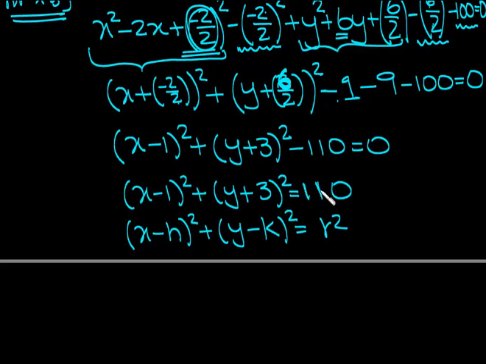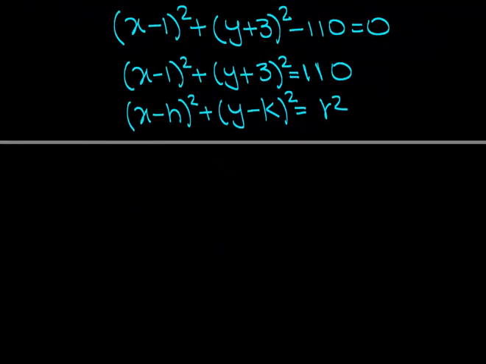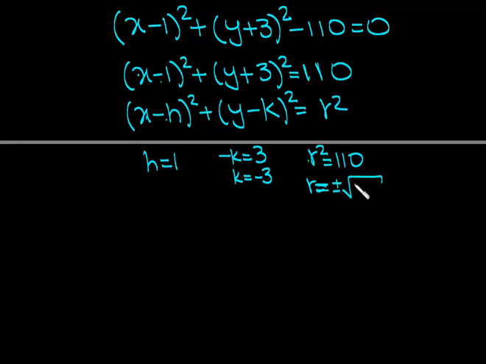Okay, so let's take a look at it. If you compare this, I have x minus h is equal to x minus 1, so h must be 1. Out here we have y minus k is equal to y plus 3, so k must be minus 3. And out here we have r squared is equal to 110, so you take square roots on both sides, so we introduce plus or minus square root of 110, so r must be just square root of 110, because we are talking about distance.